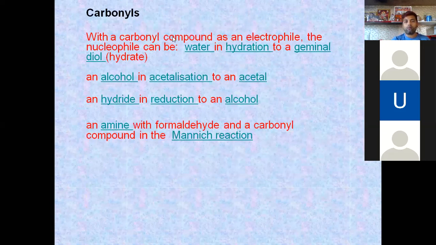With carbonyl compounds as an electrophile, the nucleophile can be water in hydration to a geminal diol, an alcohol in acetalization to an acetal, a hydride in reduction to an alcohol, or an imine with formaldehyde and a carbonyl compound in the Mannich reaction. This is not important.